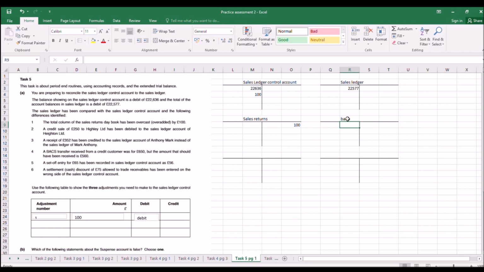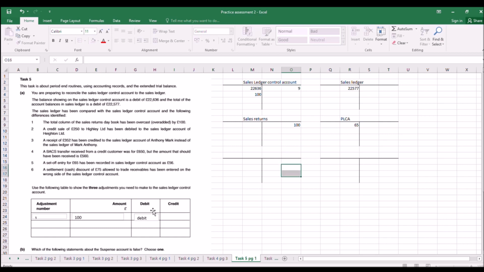Okay, so let's now go into the purchase ledger control account in here. 65 has been put in the sales ledger control account as 56. What should have happened really is this should have been 65 instead of 56. So we would go credit 9. That's what we're going to go.